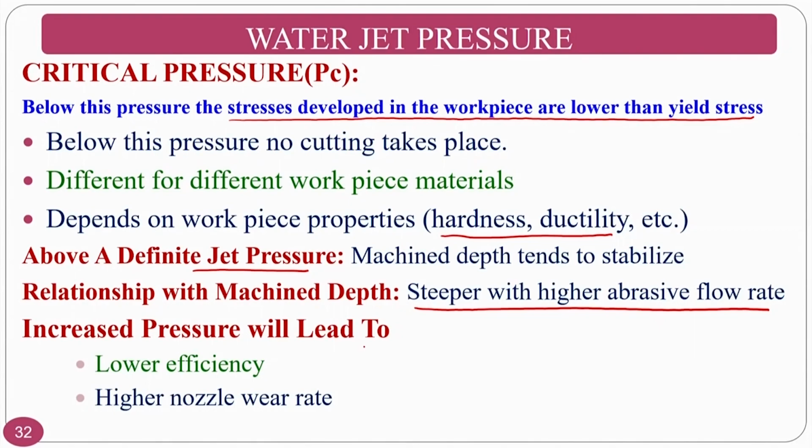Increased pressure will lead to lower efficiency and, at the same time, a higher nozzle wear rate, because if you increase the pressure of the abrasive water jet, these abrasives may collide with each other, and the impingement of these abrasives on the nozzle inner surface will be more, and the wear rate of the nozzle will increase.